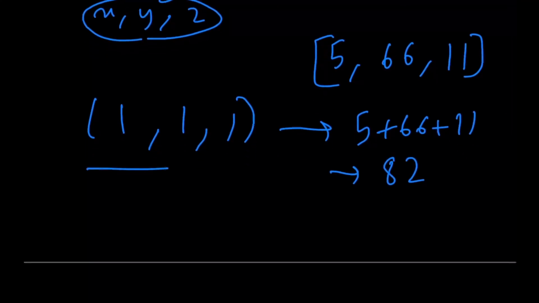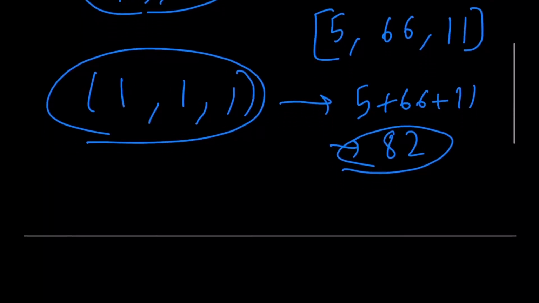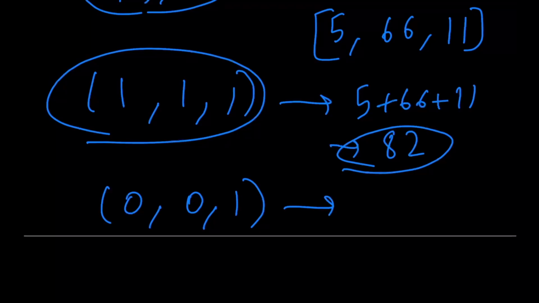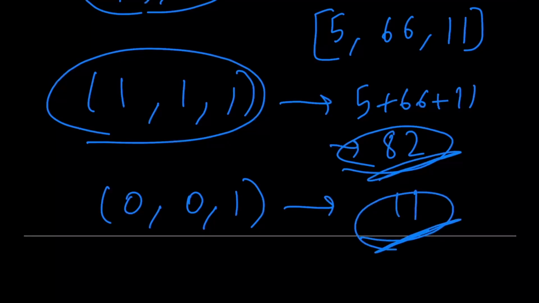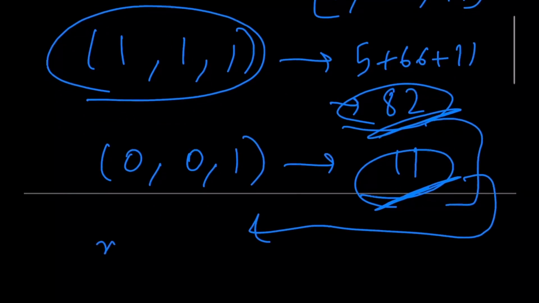So we tell the person 1 comma 1 comma 1, and the answer we get is 82. Then we have to come up with another set of a comma b comma c. For example, this time we could say 0 comma 0 comma 1, and this time we get the answer of 11.